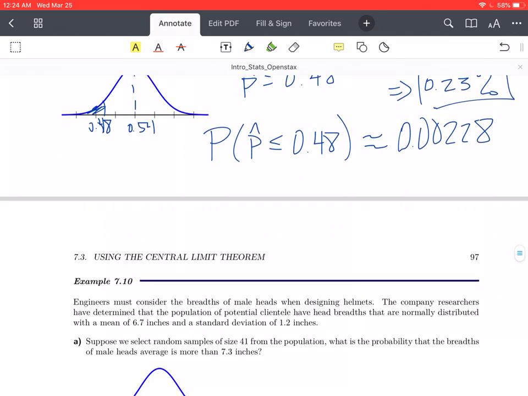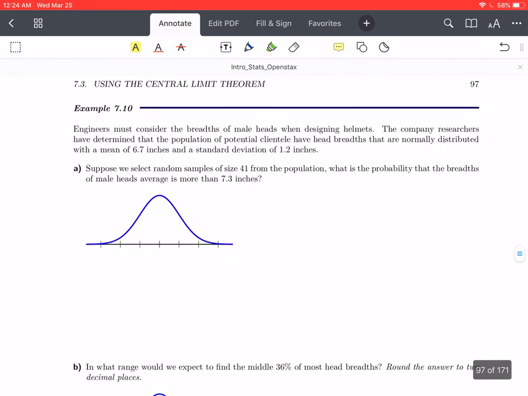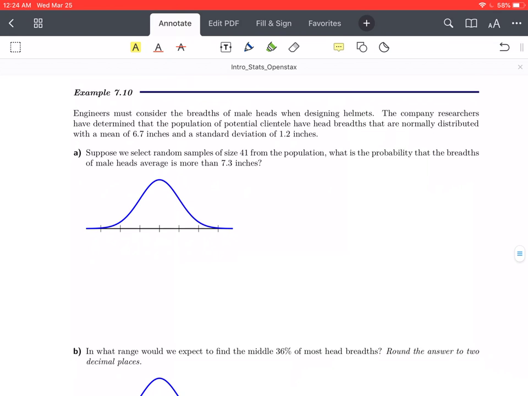Okay. And then for this last example here, so engineers must consider the breadths of male heads when designing helmets. The company researchers have determined that the population of potential clientele have head breadths that are normally distributed with a mean of 6.7 inches and a standard deviation of 1.2 inches. So suppose we select random samples of size 41 from the population. What is the probability that the breadths of male heads average more than 7.3 inches?